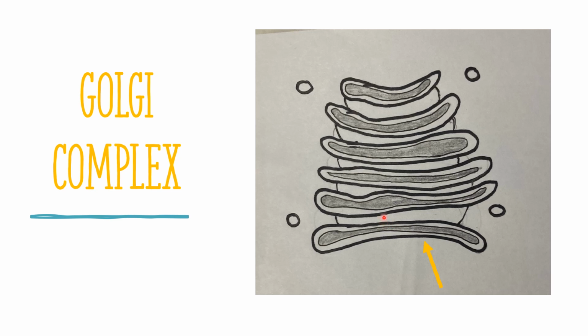They process them further, sort them out, and transport those processed proteins to where they're supposed to be. It also synthesizes carbohydrates. And the ones that transport those processed proteins are these circles right here, called vesicles. So Golgi vesicles are the ones that transport those proteins to the body.